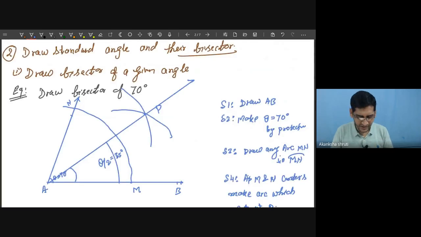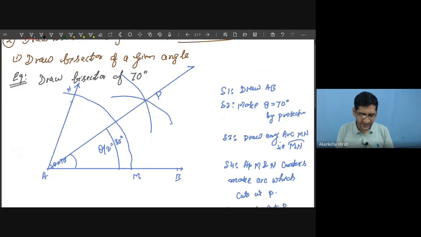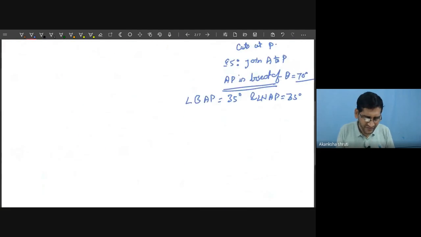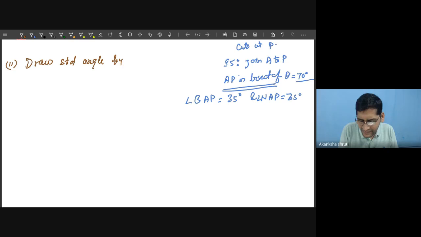Now let us go for the other, drawing the standard angle. The second one is to draw a standard angle by compass only. Like you have to draw this angle, let us start with 60 degrees, which is the simplest one.